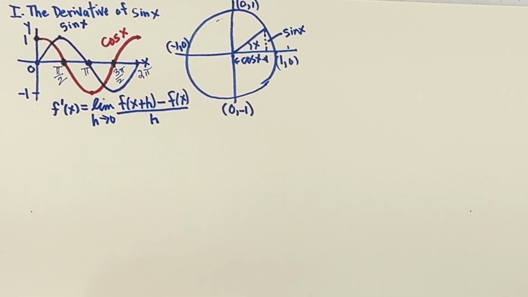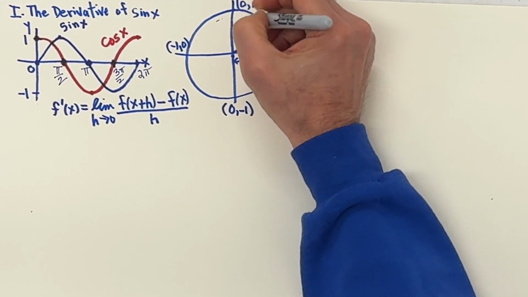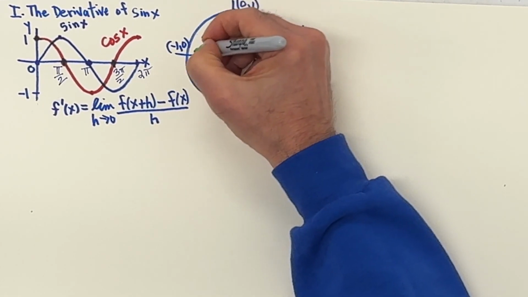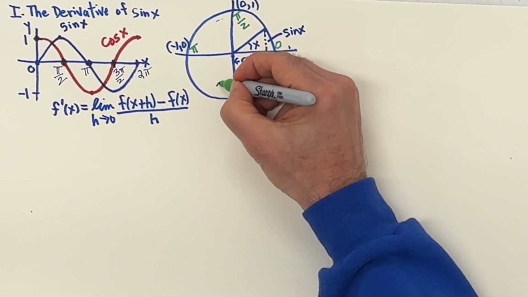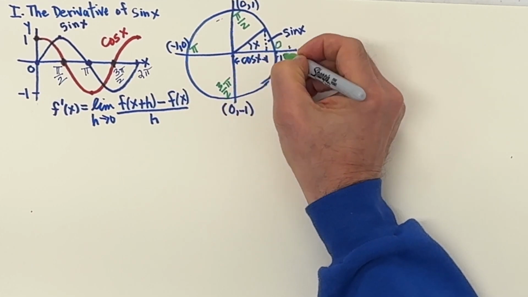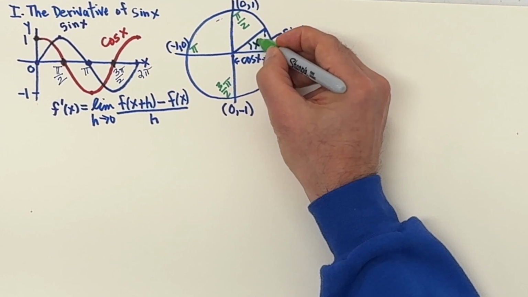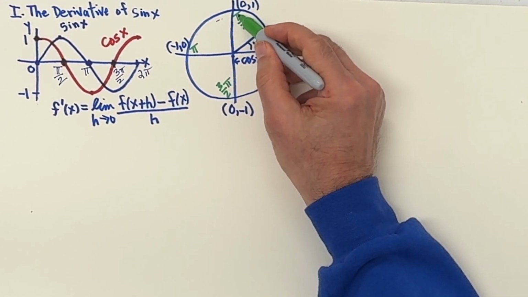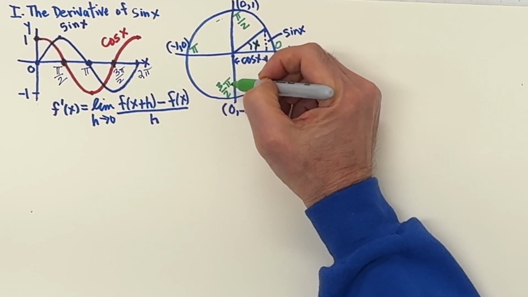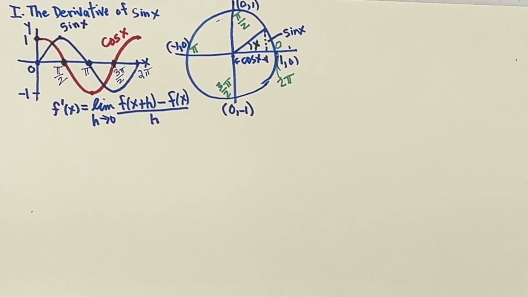Let's go ahead over here and just put in the values for x. Here would be a 0. Up here would be pi over 2. Over here would be pi, your x. And down here would be 3 halves pi. And when you come back up here, it's 2 pi again. So you can think of the x as the points we considered: 0, pi over 2, pi, 3 halves pi, and 2 pi, and we have the graphs.